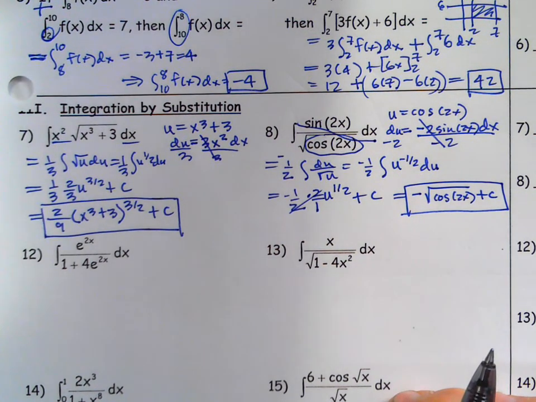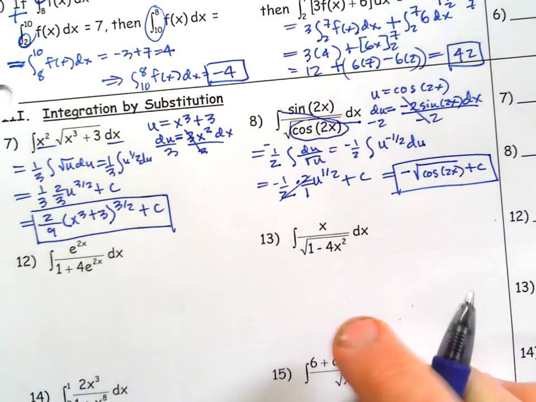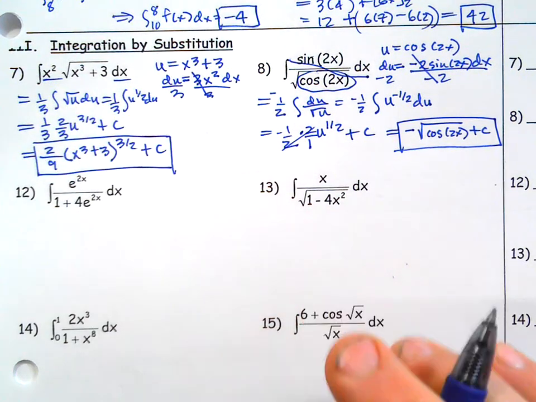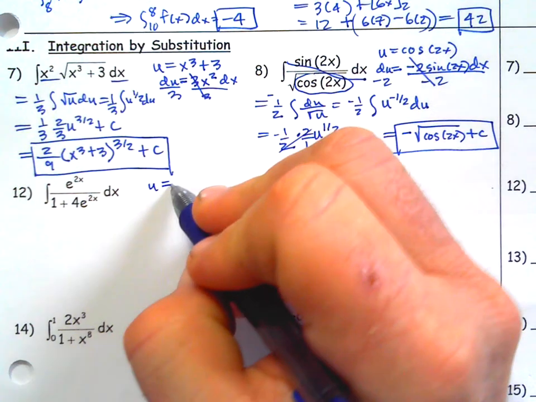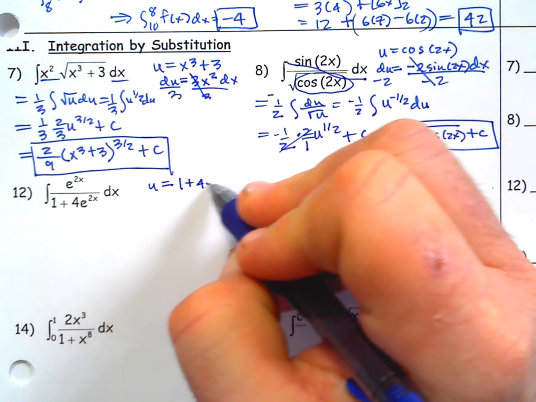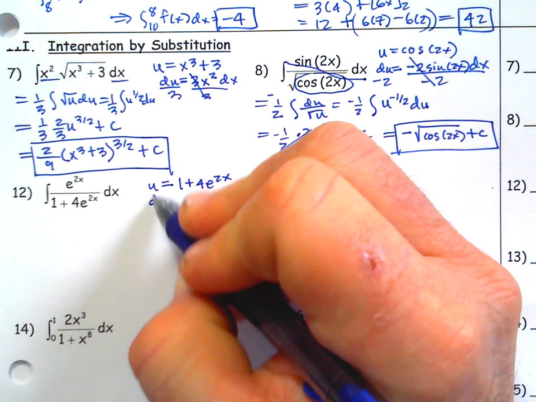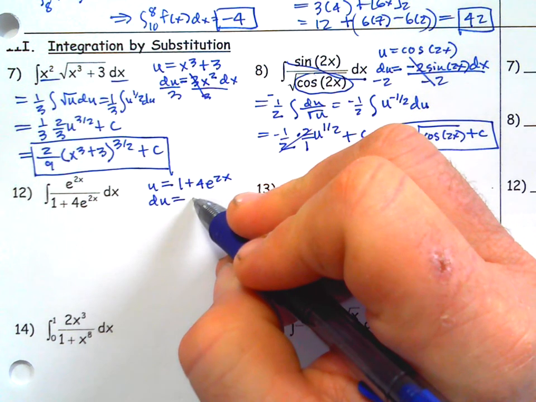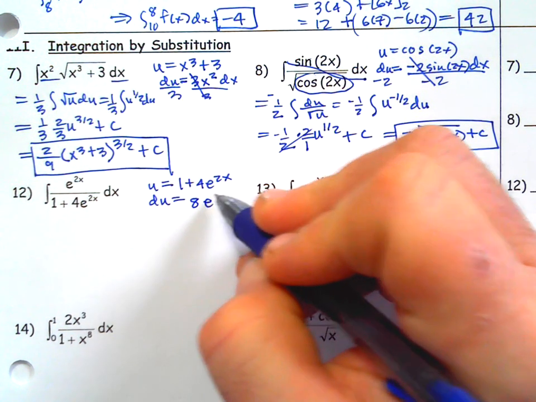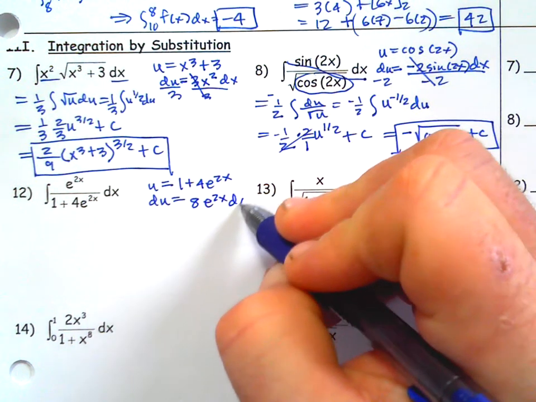Let's see, number 12. You might be tempted to think, oh, that looks like inverse tangent or something weird. Well, okay, if it is, that's fine, but maybe try something simpler first, where we just make the whole denominator the u like we usually do, and we get 8 e to the 2x dx.